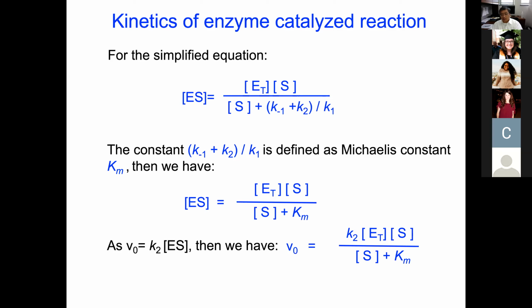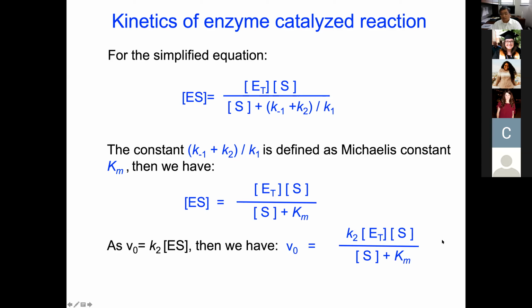And you see, K2 is the rate constant of the second step of the reaction, and Km is the Michaelis-Menten constant. It equals K minus 1 plus K2 over K1, and S is the substrate concentration. And this ET is the total enzyme concentration used for this experiment.